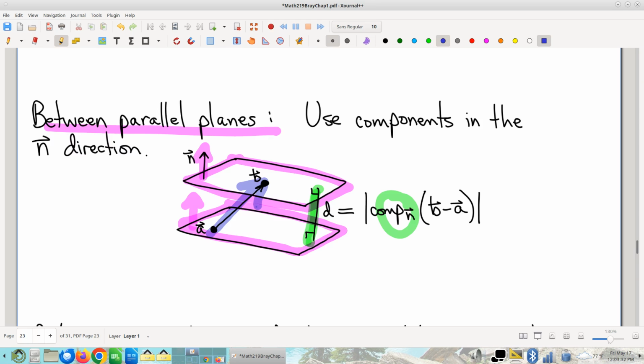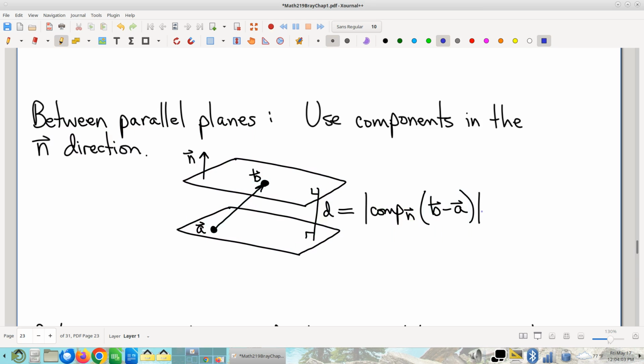Subtract them. Probably won't be perpendicular, probably won't be something whose magnitude gives you the distance. As I've drawn it here, it's all wonky, pointing in the wrong direction. But if I look at that vector and its component in the normal direction, I get exactly what I want. Everybody happy with that? Again, slick move. Nice to have all these tools in our toolbox.